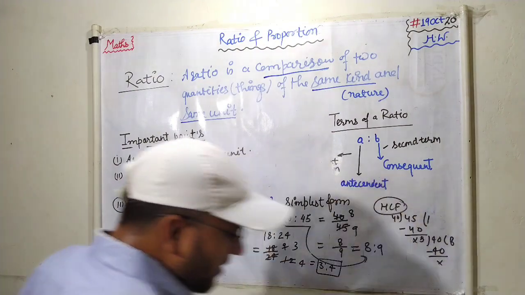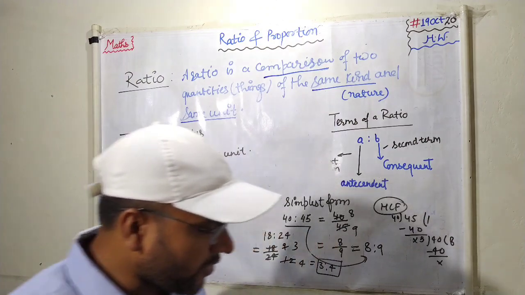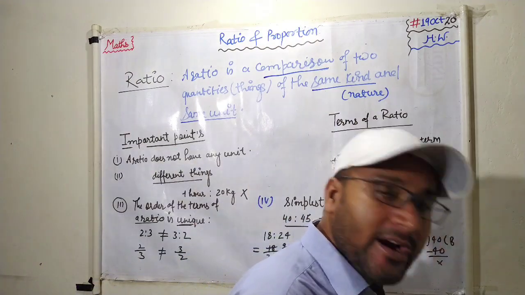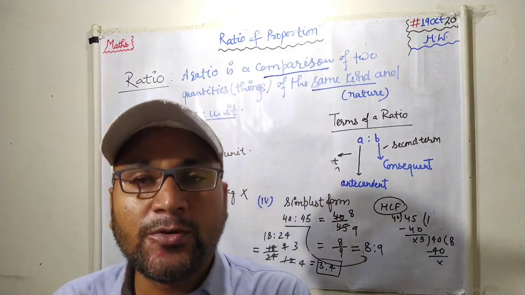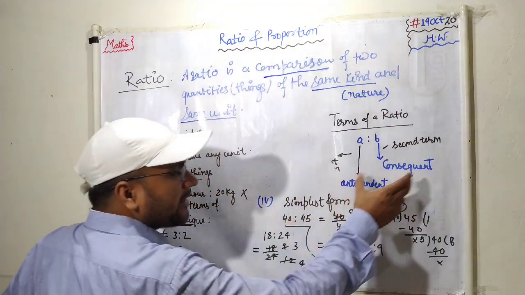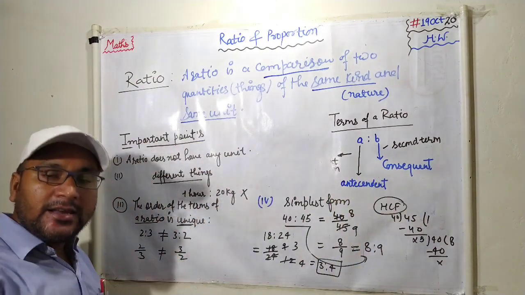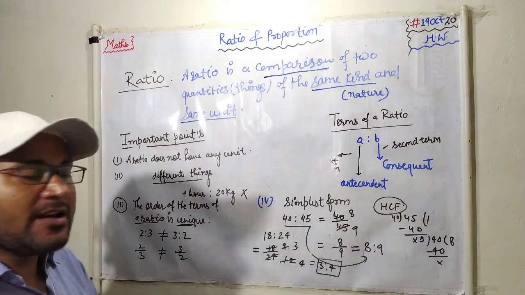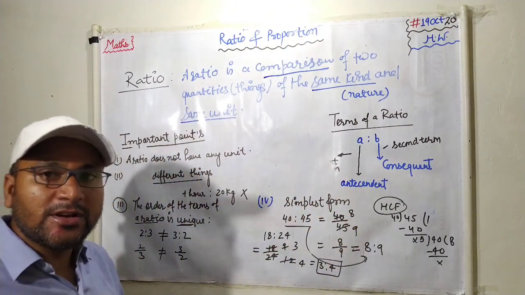Now the next one is, if the antecedent and consequent of a ratio are multiplied or divided by any non-zero number, there is no effect on the given ratio.